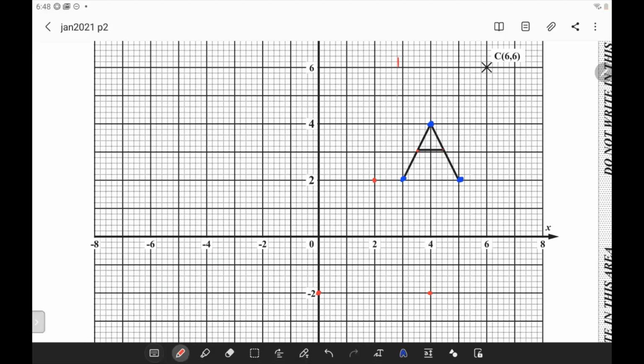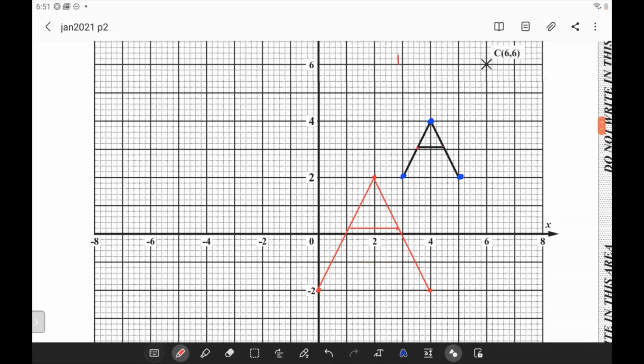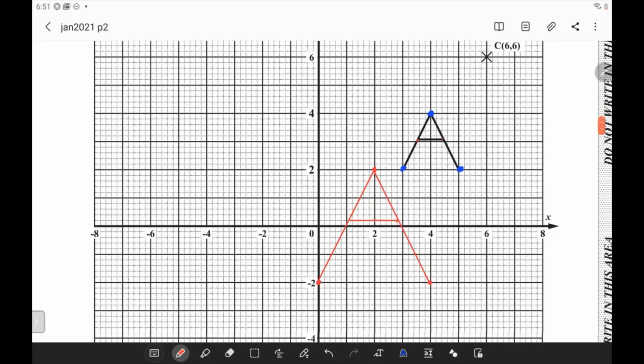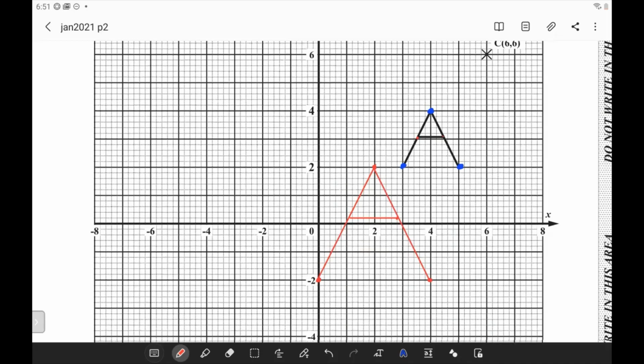So we have 1, 2, 3, 4, and then 9. So we have 5 and 4 is right here. Okay, so I'll just draw the lines. So this is what it would look like, and you would see that the size of the letter has been doubled. Okay.